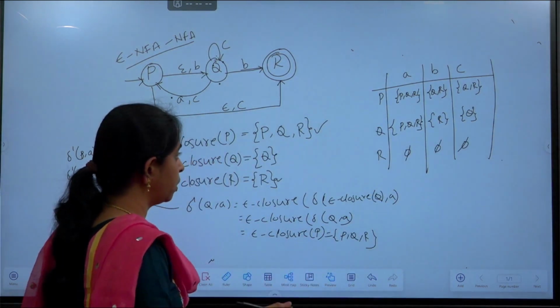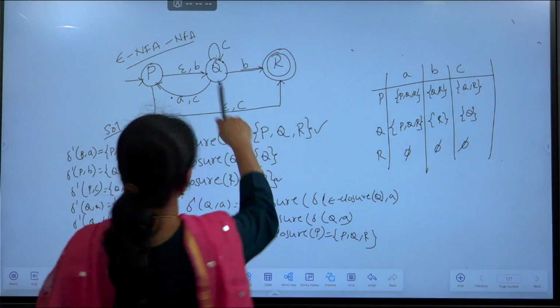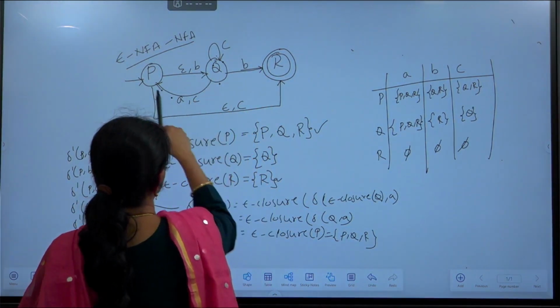So now check it. What is delta dash of Q comma C again? Q comma C means we have the Q state itself. So again we have the transition for A also.